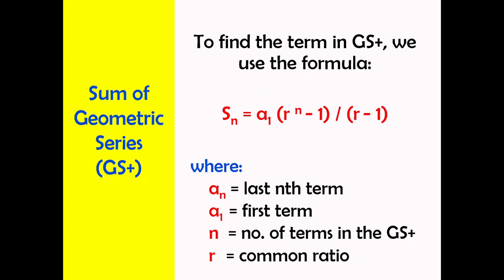To find the sum of terms in a geometric series, we use the formula S sub n is equal to a sub 1 times quantity r raised to n minus 1 divided by quantity r minus 1, where a sub n is equal to the last term, a sub 1 is equal to the first term, n is equal to the number of terms in the geometric series, and r is the common ratio.